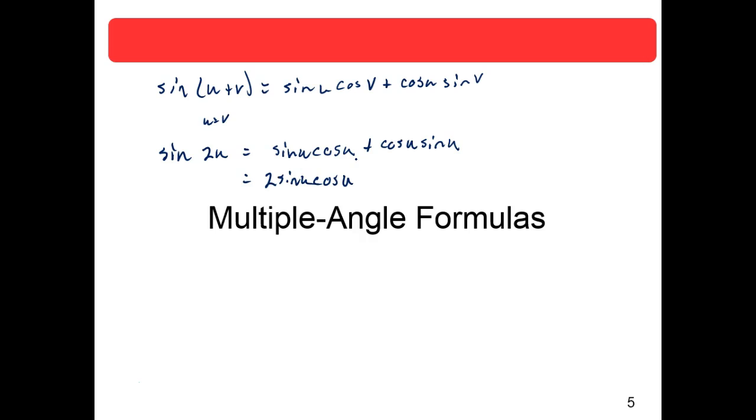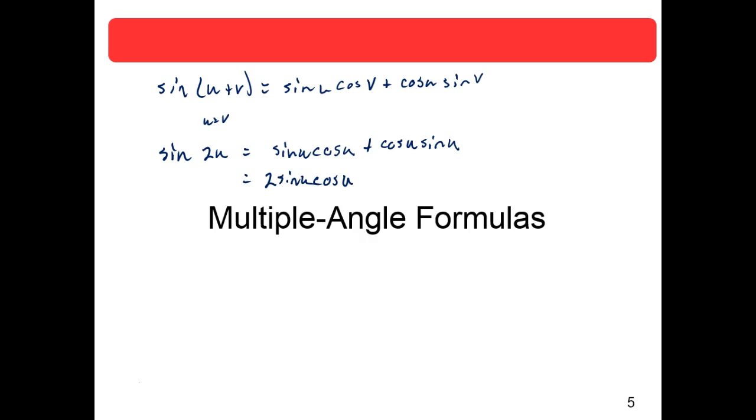There's sine of 2u. That's not worth memorizing. You can just get it. If you knew the other, you got this one just like that. Don't bother memorizing. You just get it. I mean, it's right there.